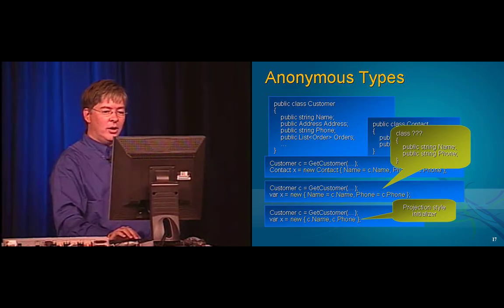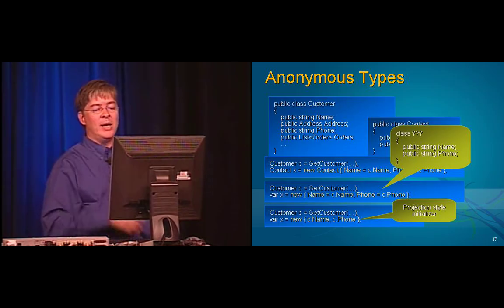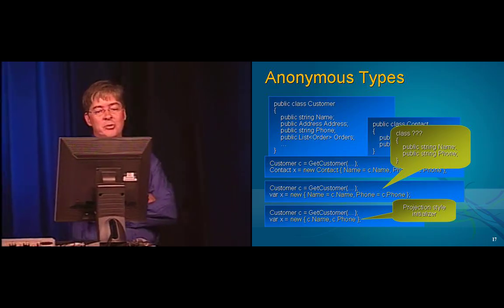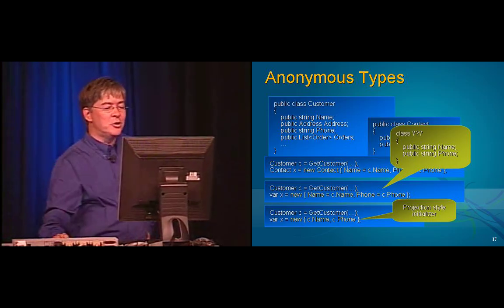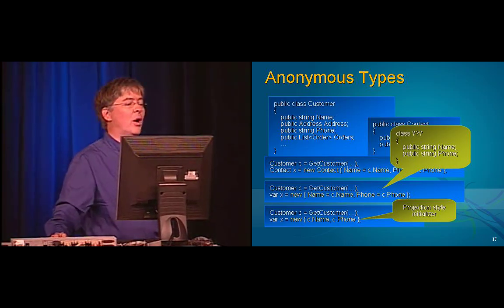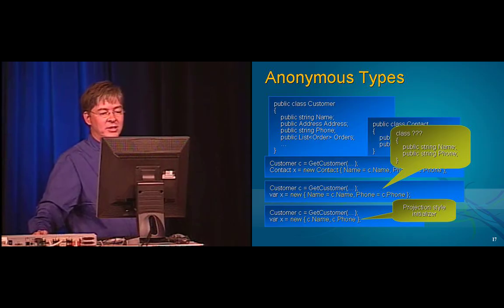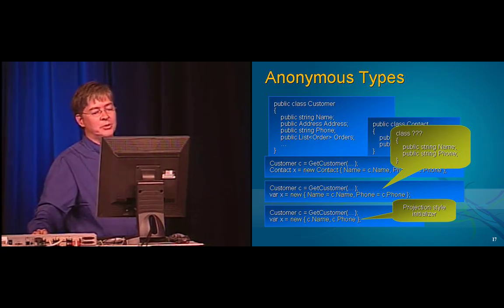Now, to make matters even more terse, we allow a projection style initializer where, when you say new, if what you're doing is just projecting into a property that has the same name as what you're projecting, then you can omit the blah equals. So these two boxes here are precisely identical, and it's really the same as saying name equals c.name, phone equals c.phone.